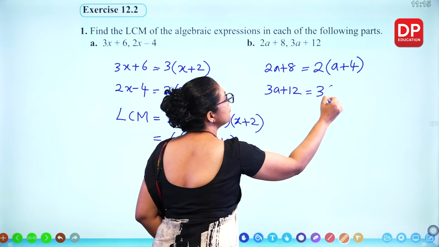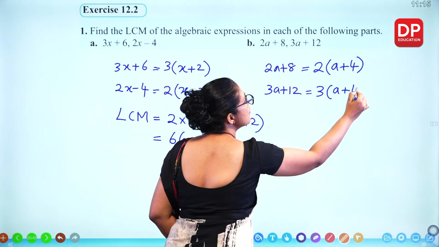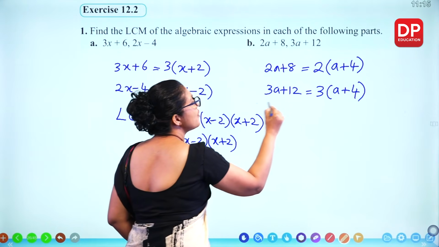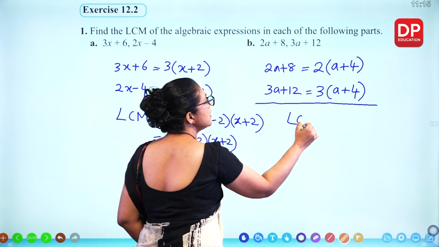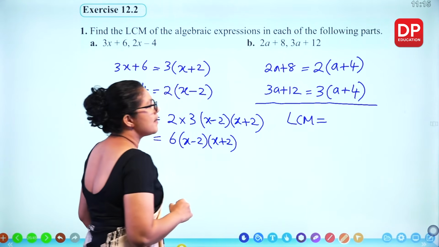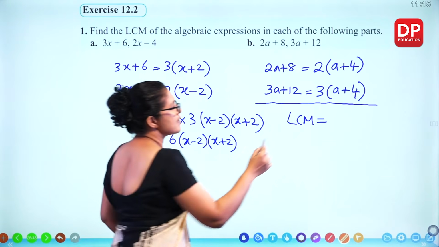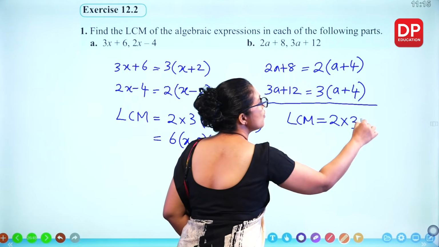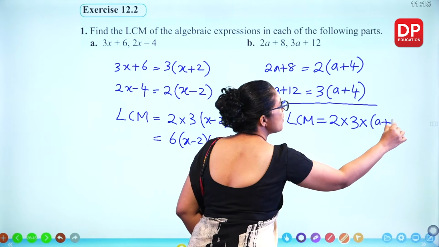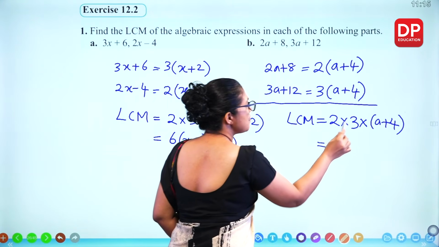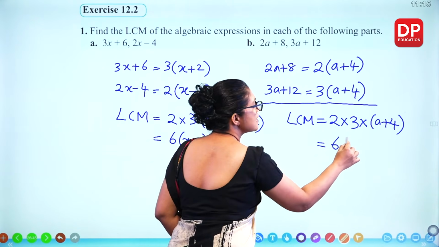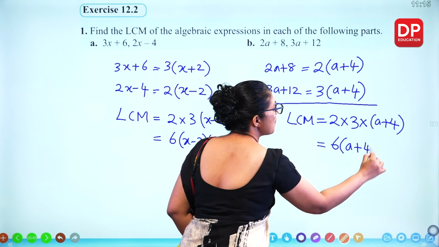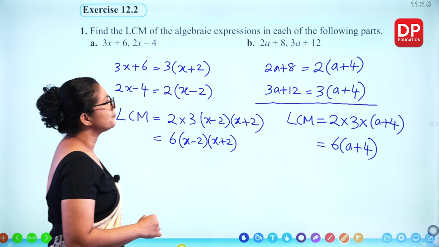Take it out. A plus 4. Now when you want the lowest common multiple, how can we take? 2 ones there, 3 ones, and a plus 4, you get 1. So what's the lowest common multiple? 2 times 3 is 6 into a plus 4.